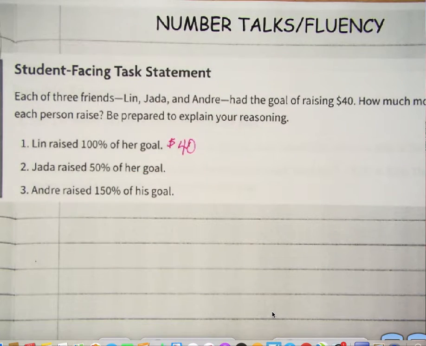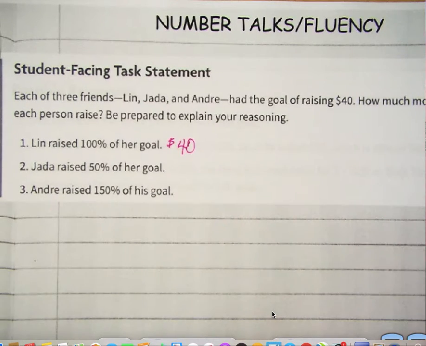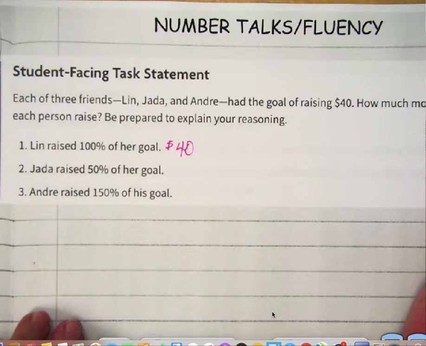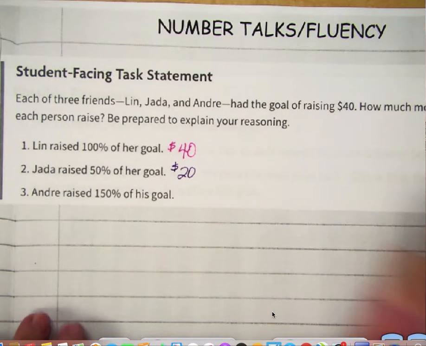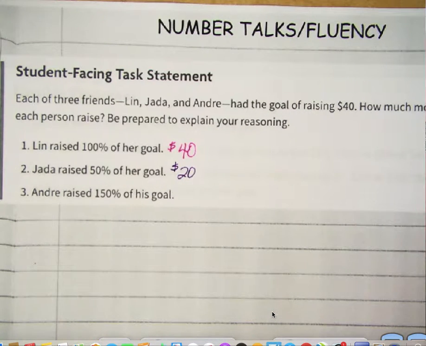Now, you should also be in the habit of thinking that 50% is equivalent to 1/2. So if Jada only raised 50%, we're talking about half of $40. So half of $40 would be how much? Well, half of 40 would be 20. Now, Andre raised 150%.